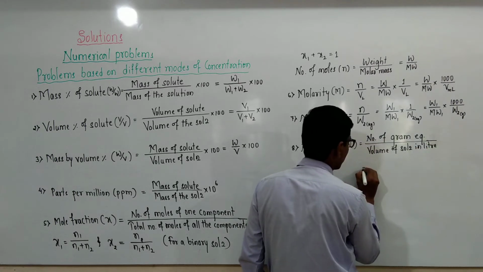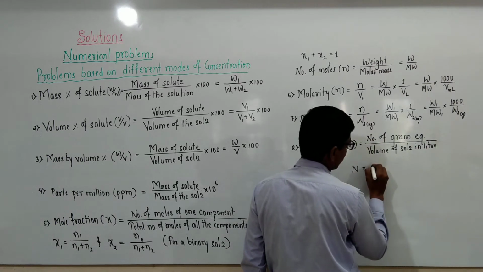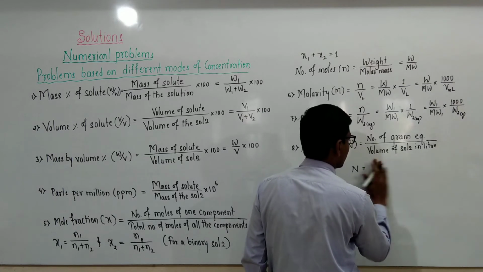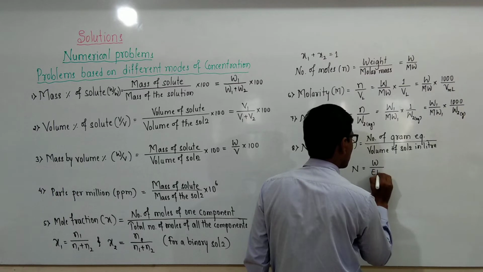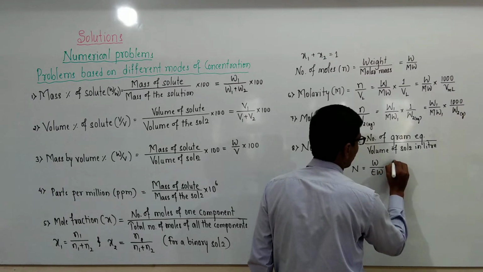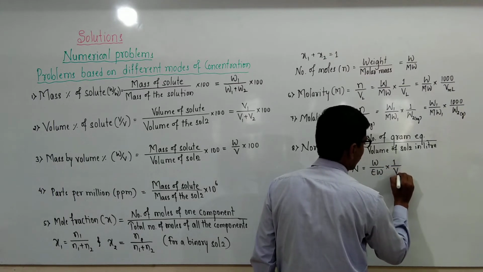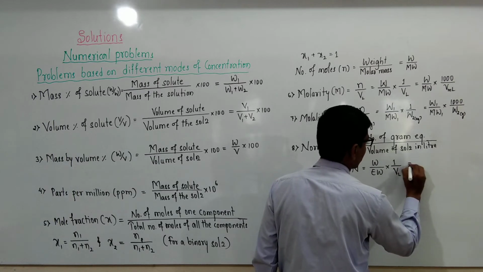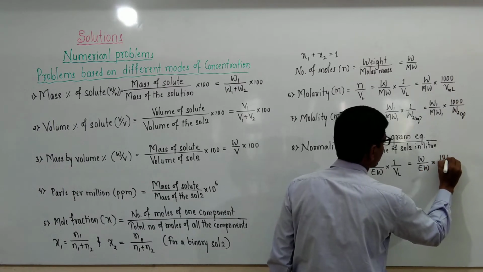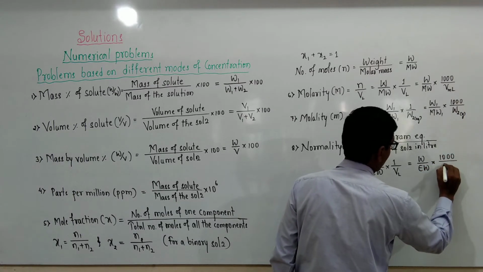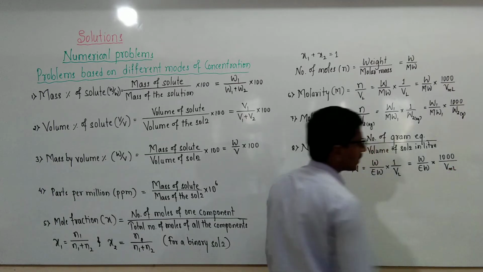Normality is equal to weight by equivalent weight into 1 divided by volume of the solution in liter, or weight by equivalent weight into 1000 divided by volume of the solution in liter.